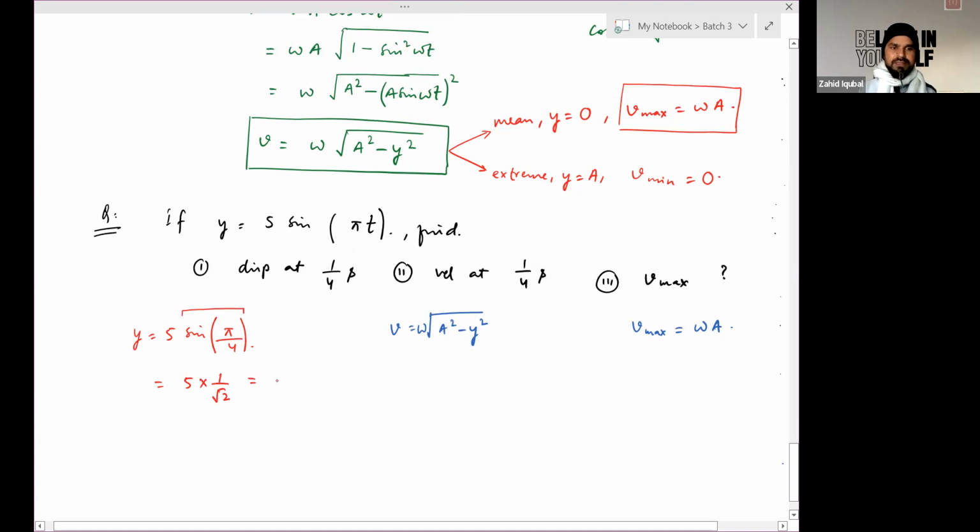If you simplify it, you will get 3.5 meter. Now, according to this equation, we have omega equals pi, a equals 5, and y we have calculated as 3.5. So just put these values in this expression and simplify it, you'll get your velocity.